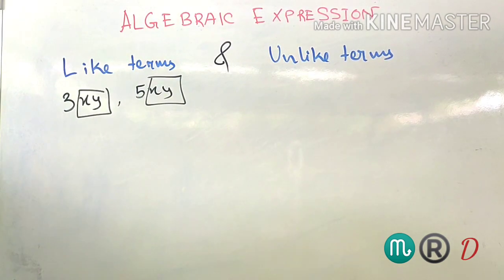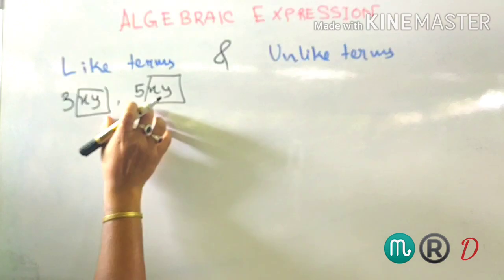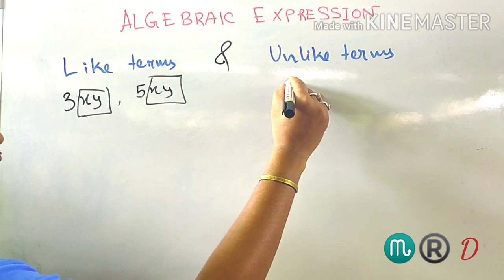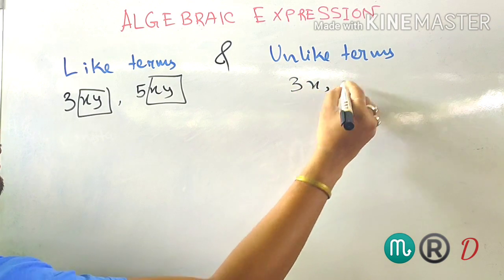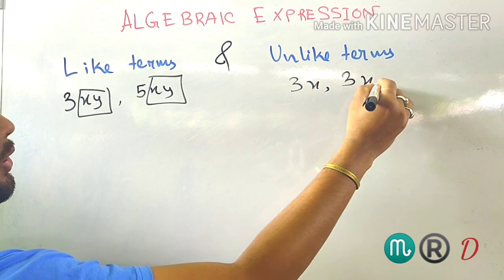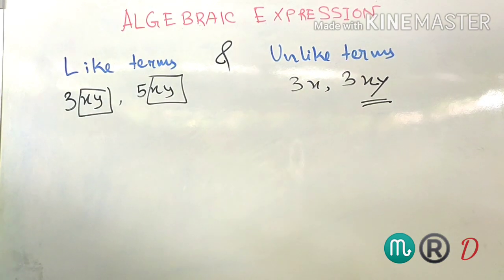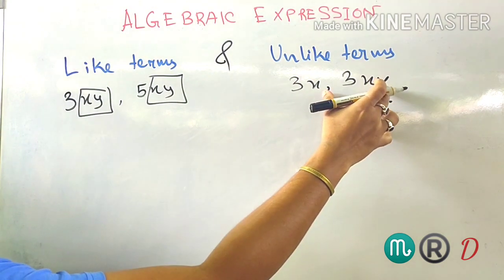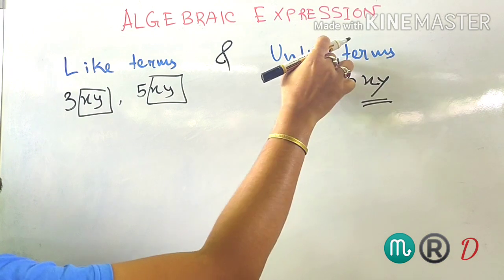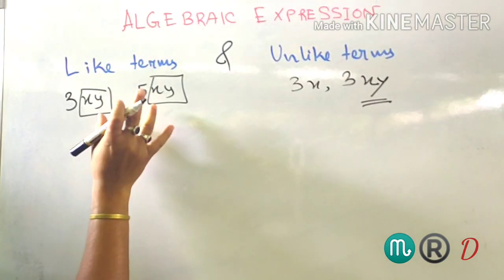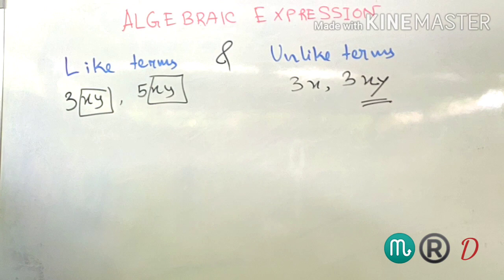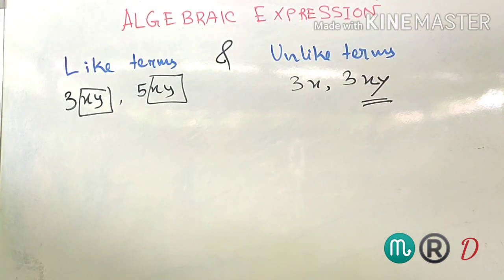In a very simple way, for unlike terms the literals will not be the same. Suppose in one term it is 3x, and in the other it is 3xy. Here it is xy, but here it is only x. Since the literals or variables are not the same, they are said to be unlike terms. And when the literals or variables are the same, they are said to be like terms.